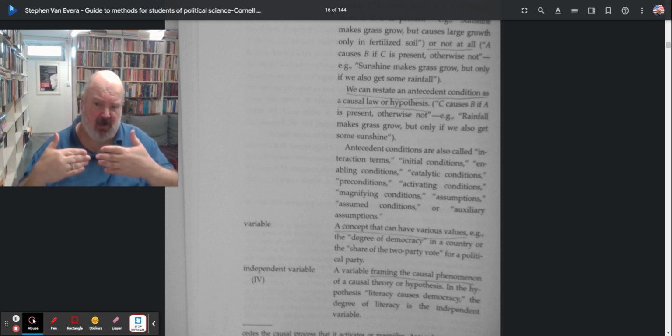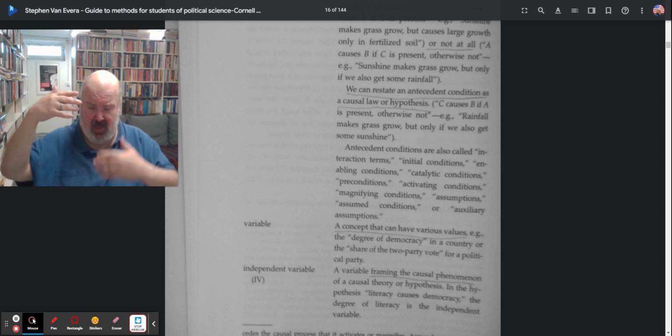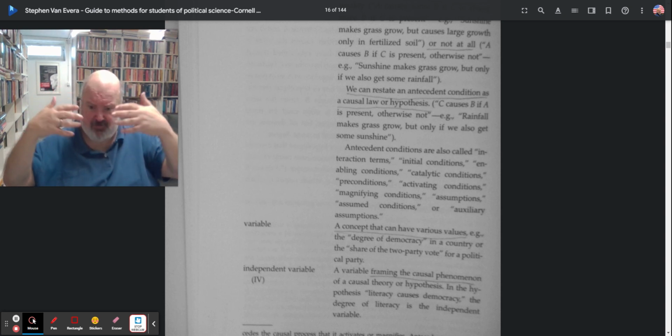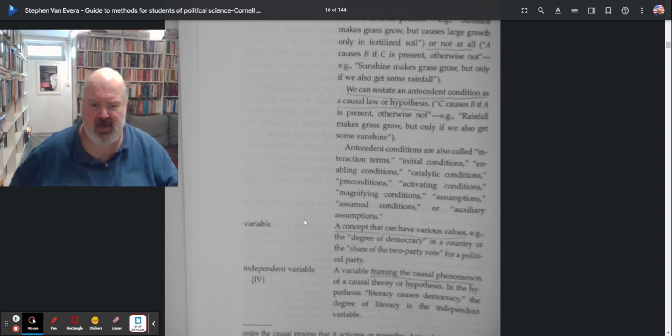So variables are a way that we can have a concept that reflects something, and a variable has variation. It is a concept that has various values, for example, the degree of democracy in a country, or the share of the two-party vote for a political party.